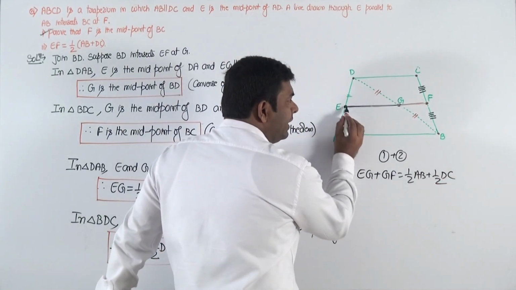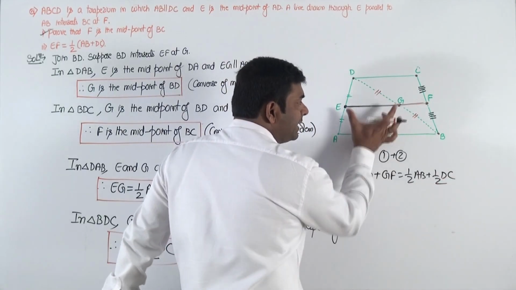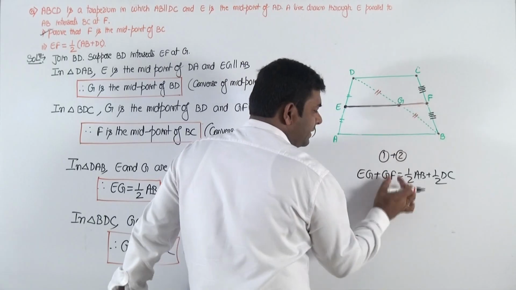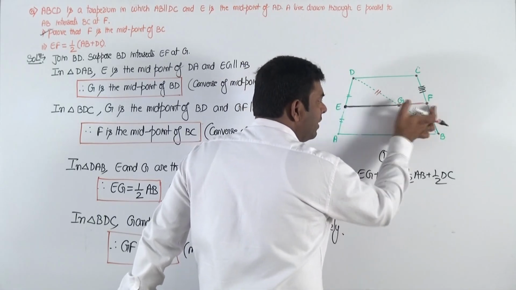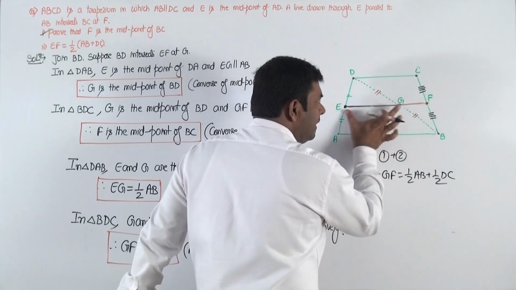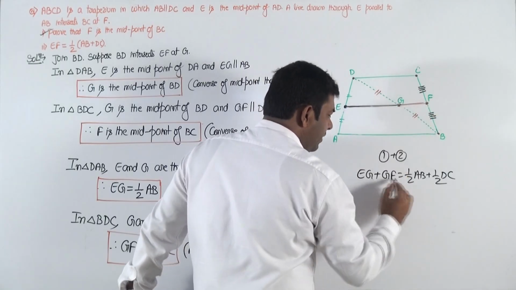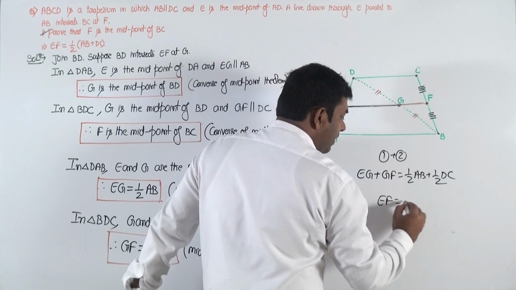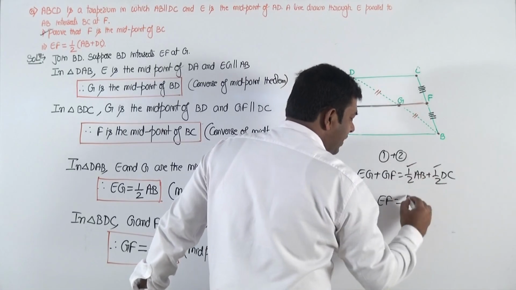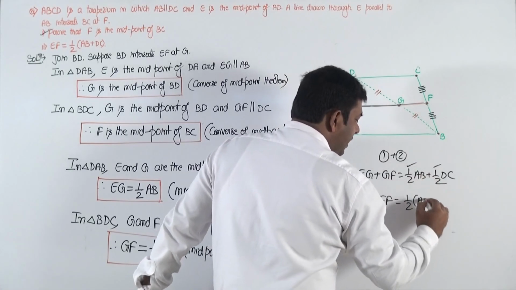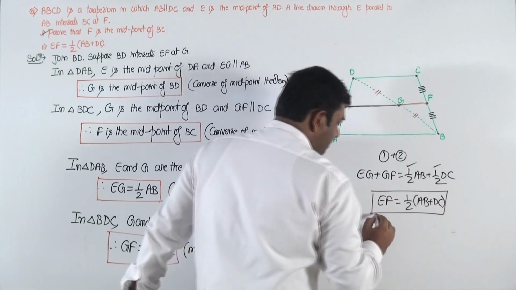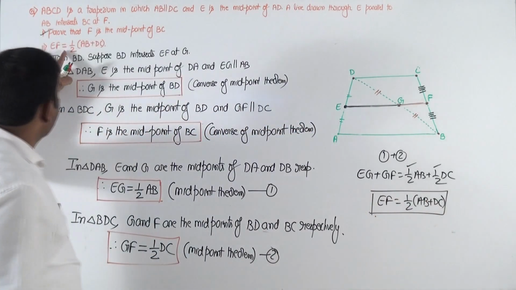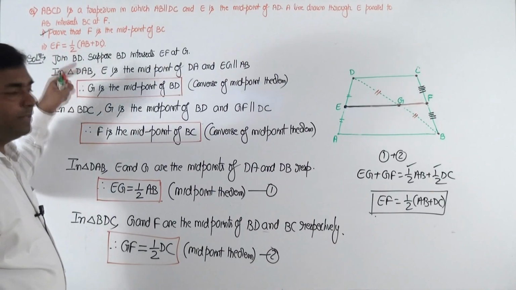EG यहां से यहां तक, GF is this. So ये क्या होगा? EG plus GF is EF. So this is EF is equal to, यहां भी हाफ है, हाफ कॉमन ले लो, half of AB plus DC. यही प्रूव करना है. EF is equal to half of AB plus DC is the second bit.